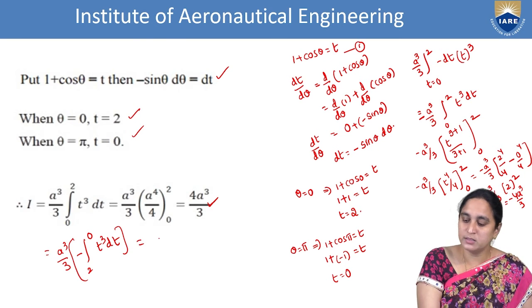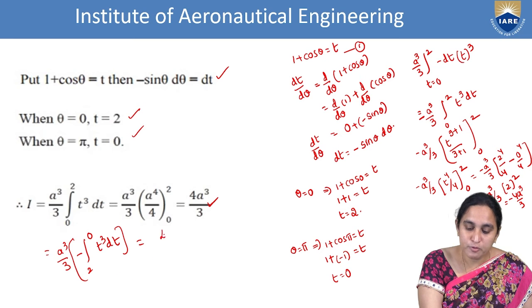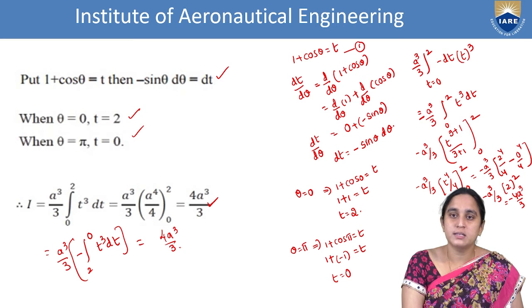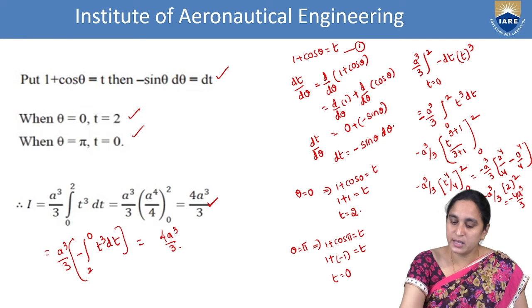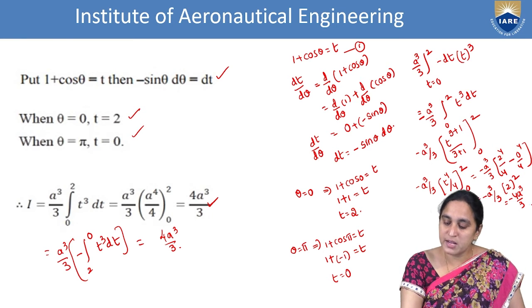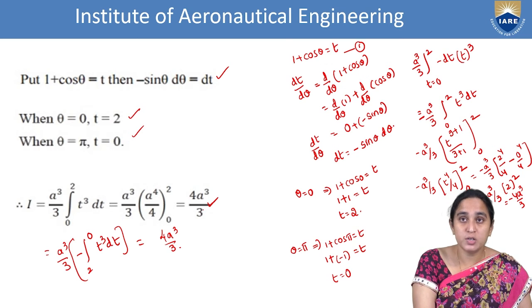From that I got the answer here 4a cube by 3. Okay, I got the answer 4a cube by 3. If you take 0 to 2, it means minus 4a cube by 3. That is also correct, but here the answer is positive.